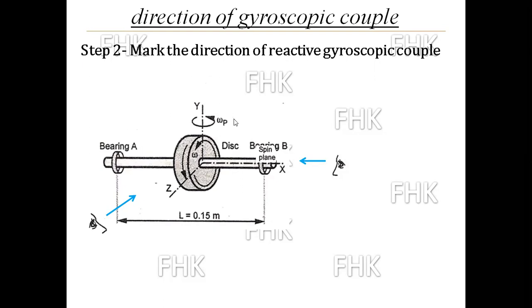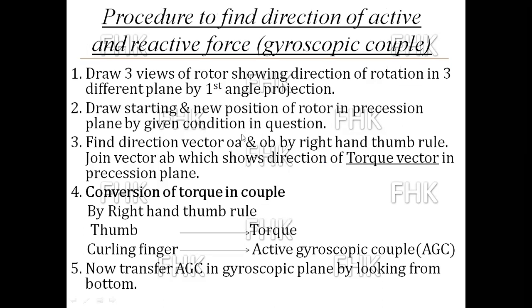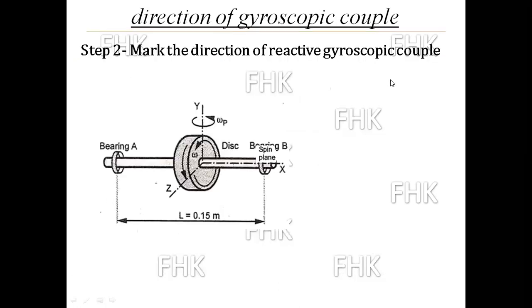Now, as per the first step to find the direction of the active couple, I read the first step: draw three views of a rotor showing the direction of rotation in three different planes by the first angle projection method. You have to draw three views of the rotor in which you show the direction of rotation of that rotor.